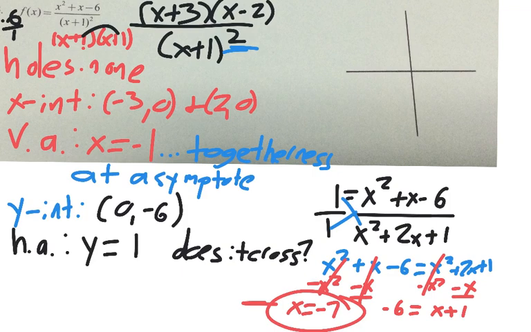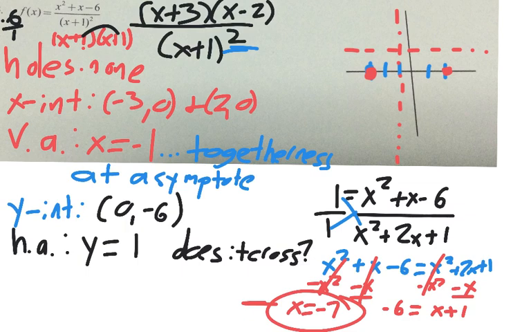So let's say I have an x-intercept at -3. So there's my x-intercept. Let's do it in red. Also have an x-intercept at 2. So there's an x-intercept. I have a vertical asymptote at x equals -1, which is here. I have a horizontal asymptote at y equals 1, which is there.